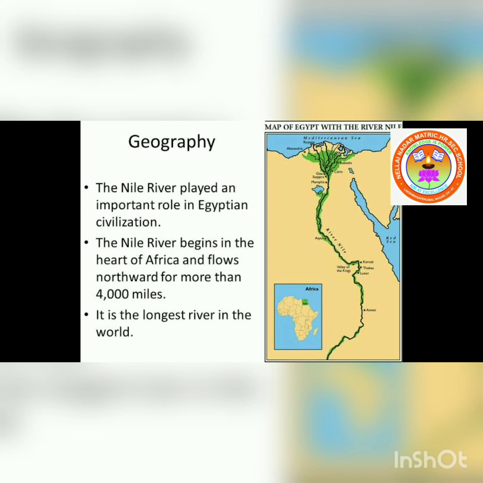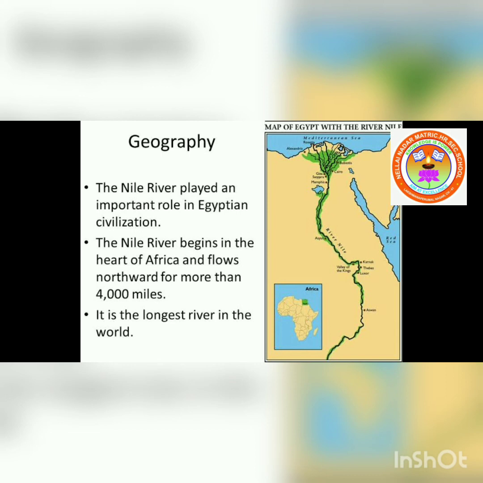Deserts are seen on both sides of the Nile River. The Egyptian civilization depended solely upon the flow of the Nile River, and hence Egypt was called the gift of the Nile by the Greek historian Herodotus. The Nile also served as a means of transport.